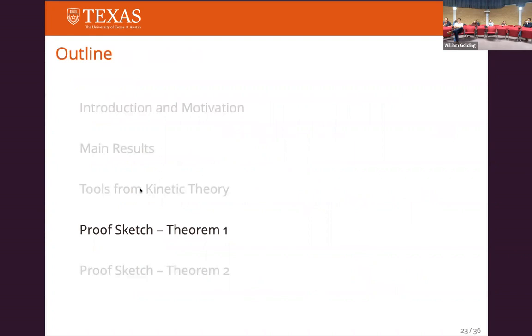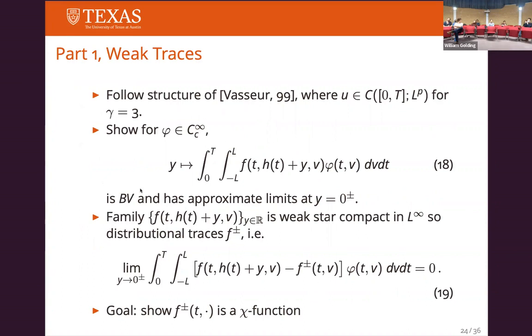So I'm going to try to give a quick sketch of theorem 1. The first thing you do is try to prove that I have a weak trace. If you remember the picture where I have those shrinking regions, I should have convergence in the weak topology.